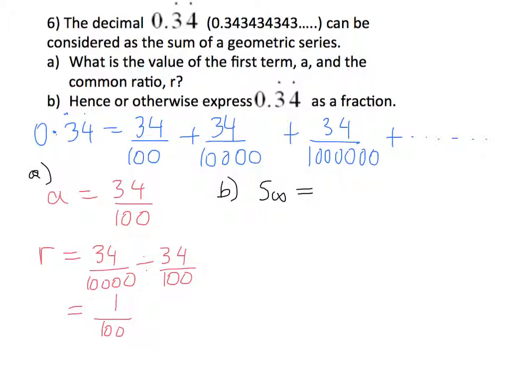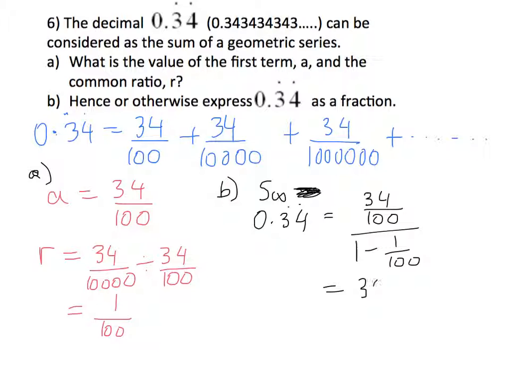So I'll get rid of the equals and just write 0.34 repeater is equal to A, which is 34 on 100, over 1 minus R. And then that ends up being 34 over 99, which is what you would have got the other way, doing the 2-unit method. That's it.